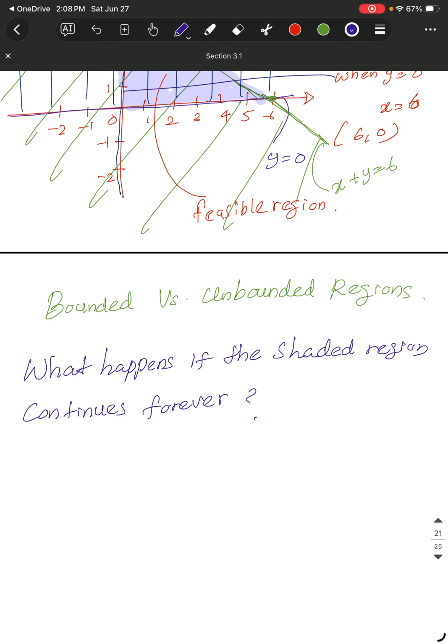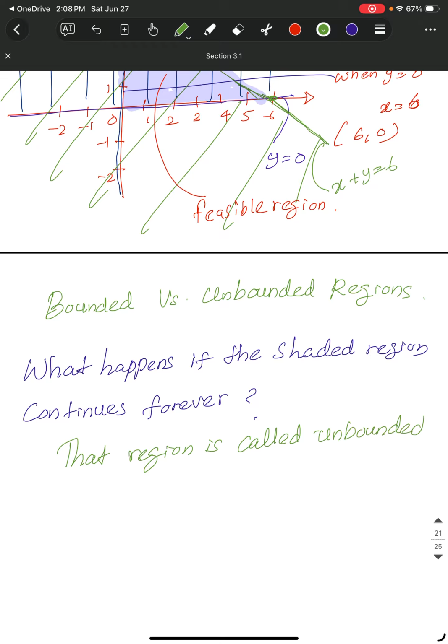So that region is called unbounded, no bound. If the region is completely enclosed, it is called bounded.